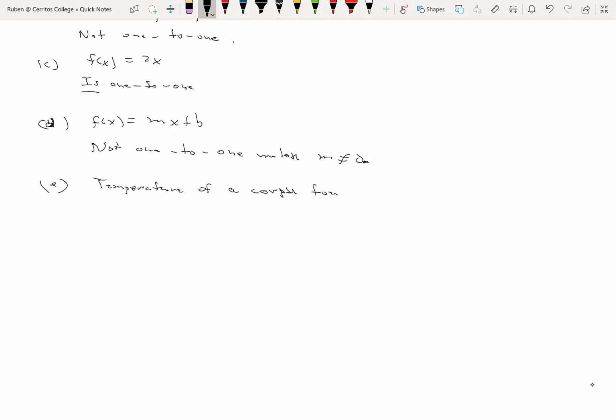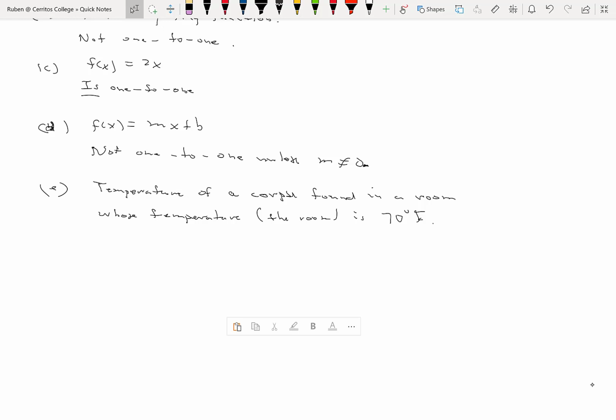Let's say the corpse is found in a room whose temperature, not the temperature of the body, the temperature of the room, is 70 degrees Fahrenheit. Is the temperature of the corpse a 1 to 1 function?